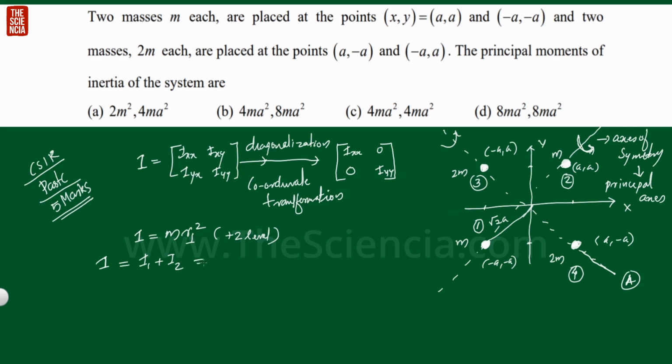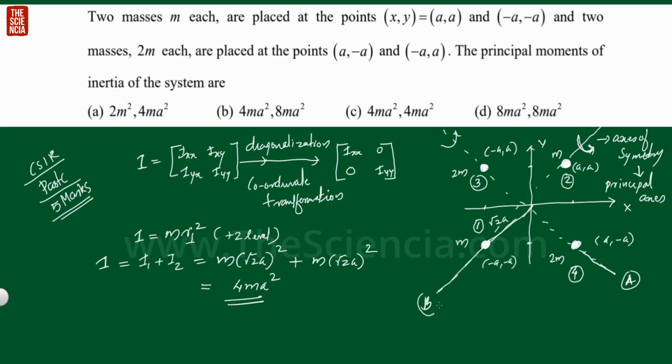So what we get is 4 m a squared. So we got one of the principal moments of inertia. Now we are going to calculate the other one. I am taking the other axis of symmetry, that is this one.